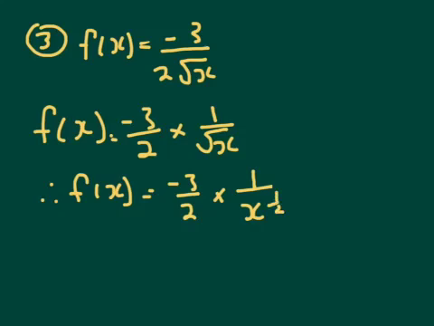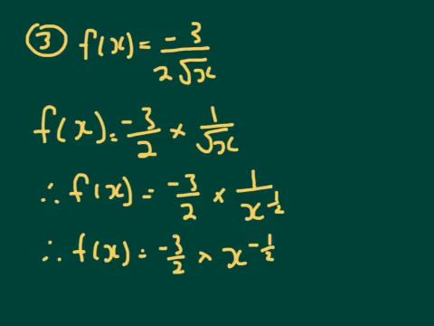Okay. Now what we can do is bring the x upstairs, and then we're ready to do the calculus. So f x equals negative 3 on 2 times x to the power of negative a half. Okay, so here we go with that calculus.